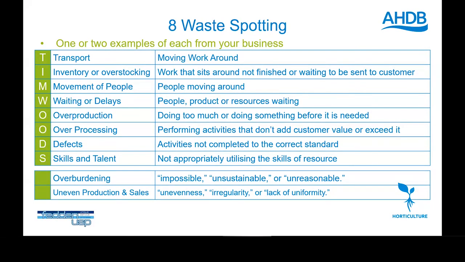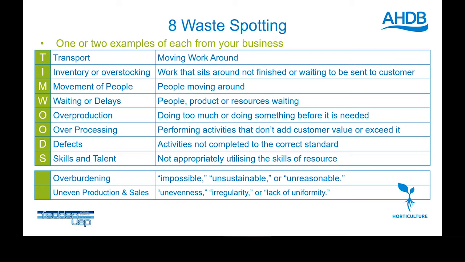Okay, so what I want you to do, if you're together in your companies, which is probably easier to do together, is go down this list and think about some examples of each of these wastes. Don't worry too much about the overburdening and uneven production and sales. See if you can think of a couple of examples of where you see that in your business, or in the processes you're looking at, which would be particularly helpful.